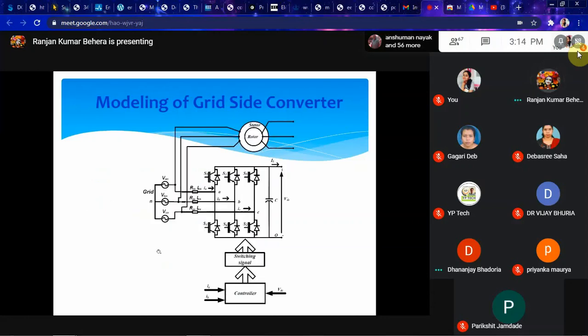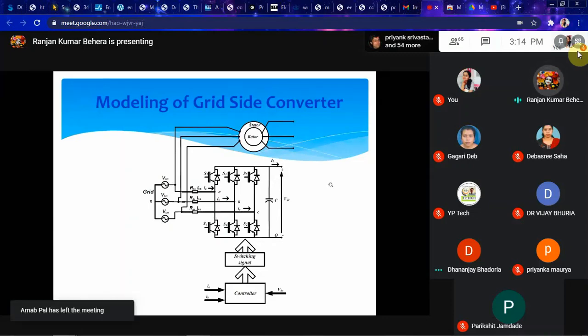Now we have this AC, which is grid connected through this converter and supplying to a DC link. From the DC link there is another converter supplying the rotor. Okay, this is the complete unit.